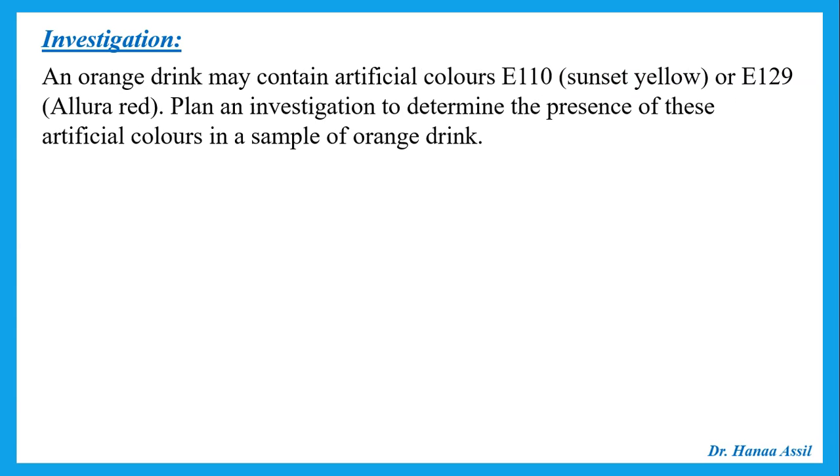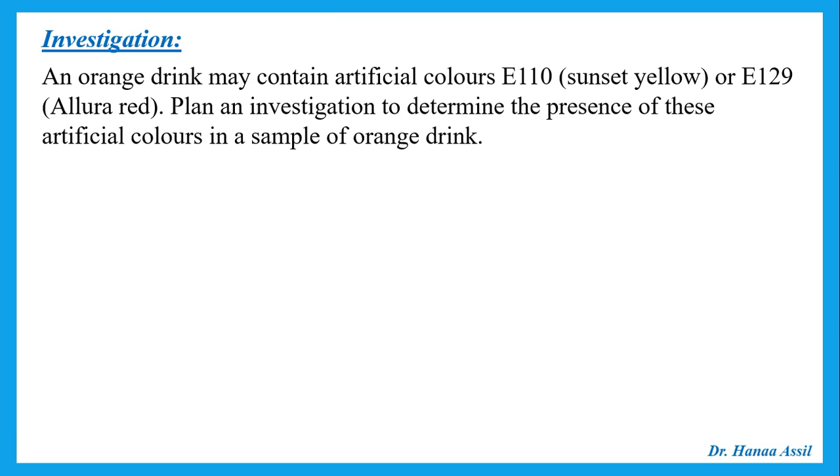He's saying an orange drink may contain artificial colors E110, sunset yellow, or E129, Allura red. These are two substances. I don't care exactly what they are, but we want to plan an investigation to determine the presence of these artificial colors in a sample of orange drink. So I have a sample of orange drink.